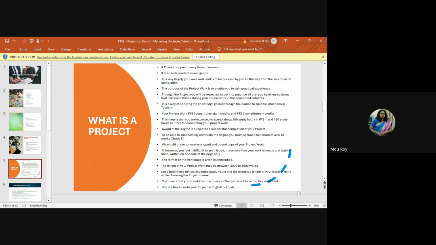When we talk about a project, it is a preliminary form of research. Nowadays our government is floating a lot of projects, and we first have to send a proposal. There may be thousands of proposals, and out of those they may select 300 to 400.